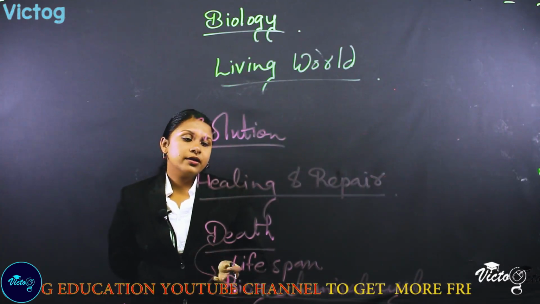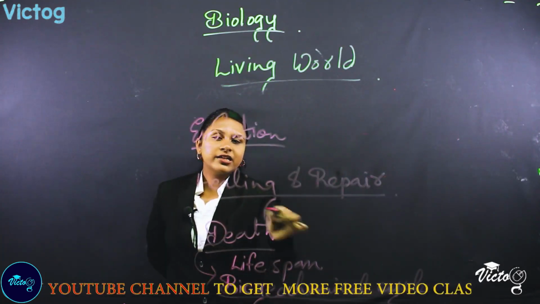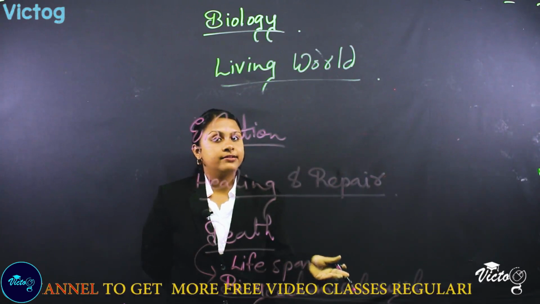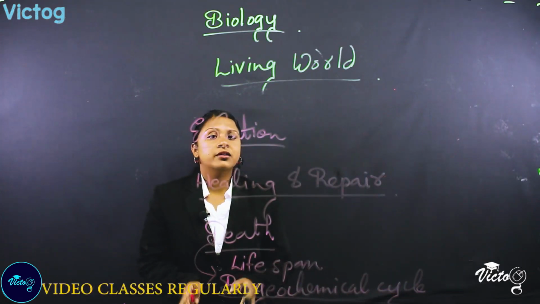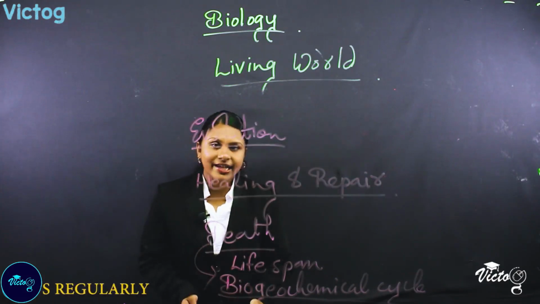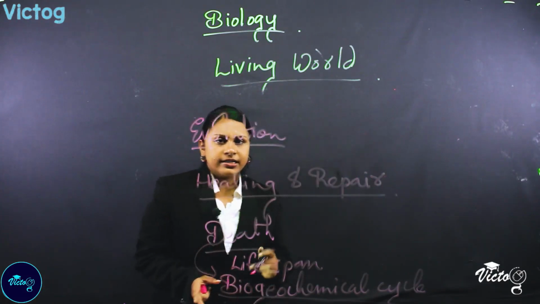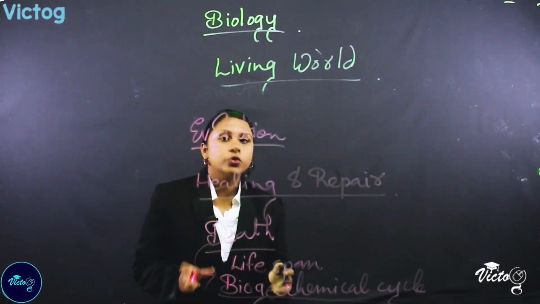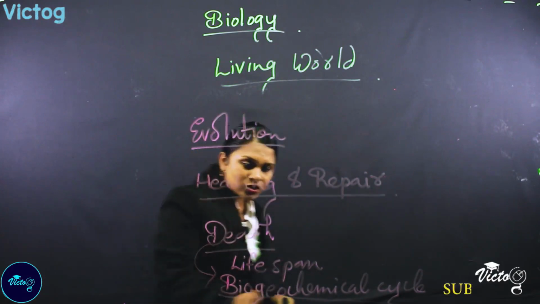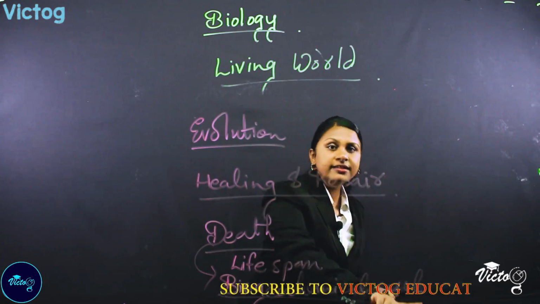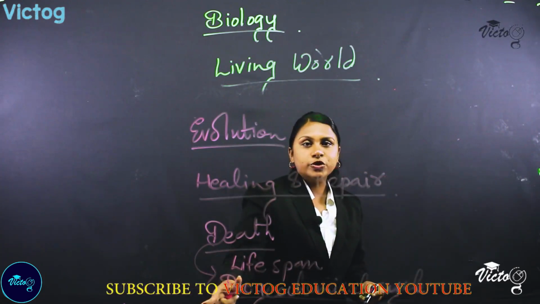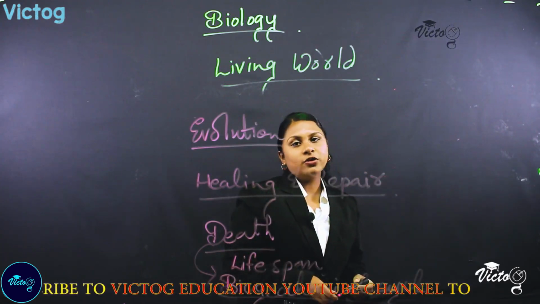In appearance, after death, living and non-living beings are similar: no metabolism occurs, no reproduction occurs, no growth takes place. So it is a bit similar to non-living beings. But the biogeochemical cycle takes place only in living beings, so even after death we can distinguish living and non-living beings.